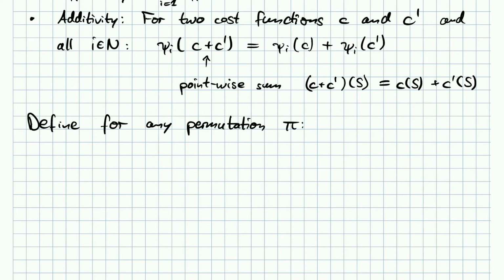let's take any permutation pi of the agents, and now we'll say phi of c comma pi will be equal to the following.